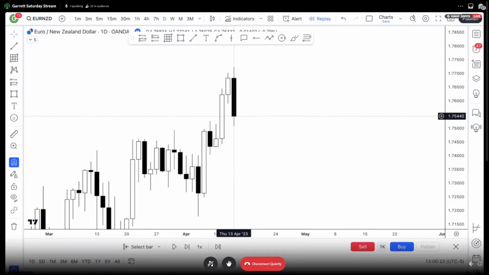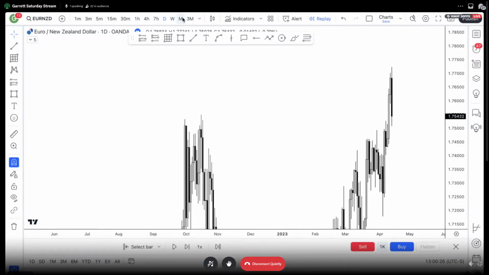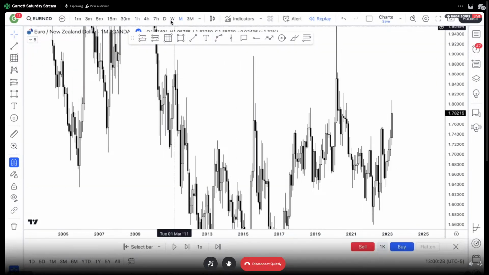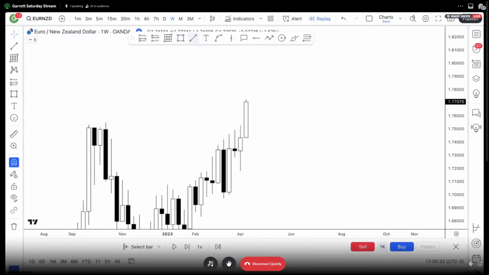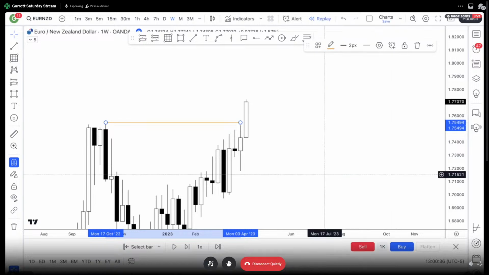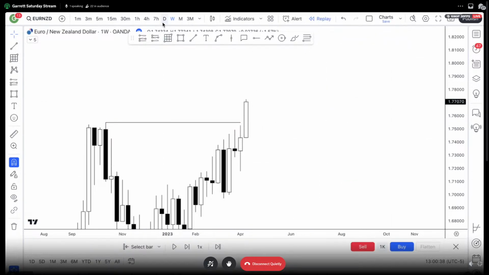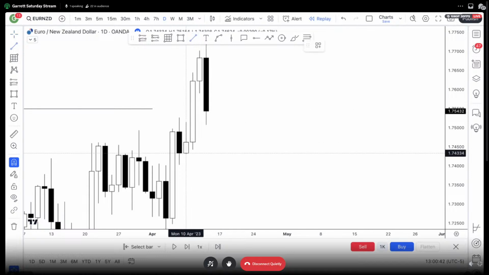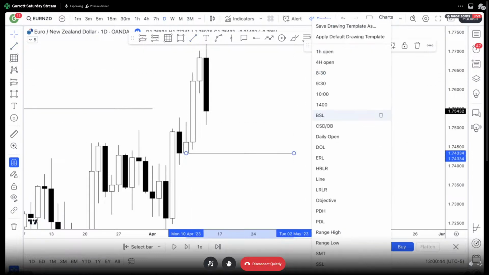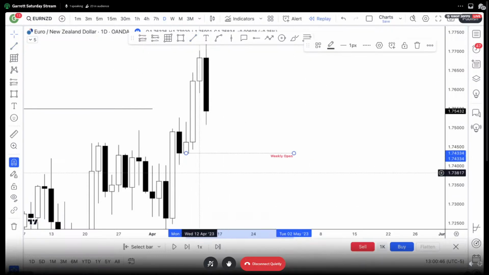Okay, let me look at the monthly candle here or the weekly candle. Okay, we're just trading to this high basically. So within this week we hit this high, and I just saw it was a good example of the Thursday counter profile. If you guys go to the course, you'll see this.